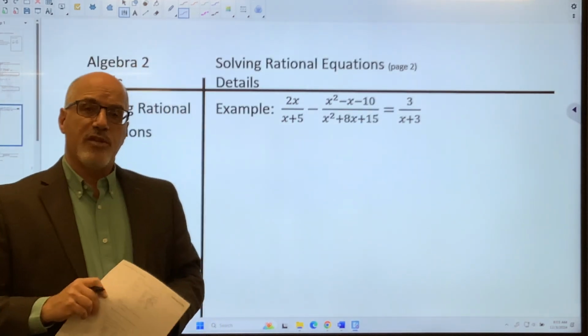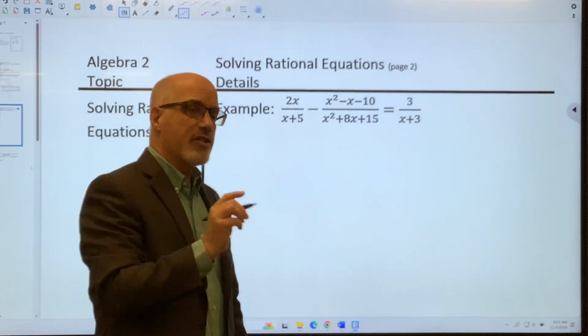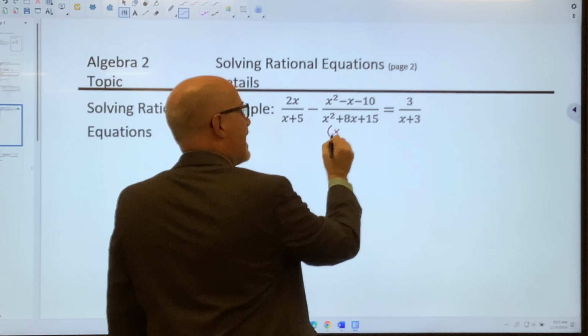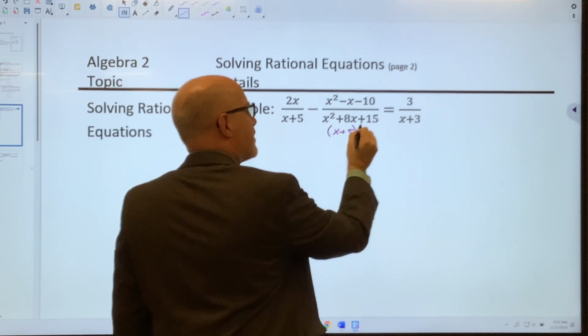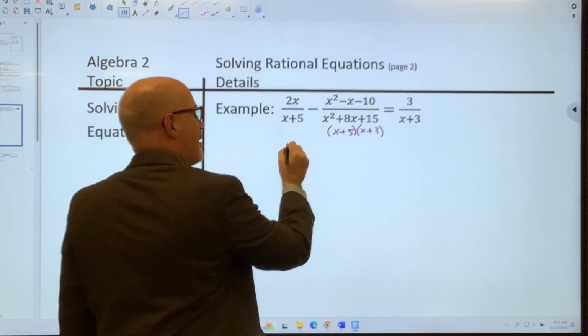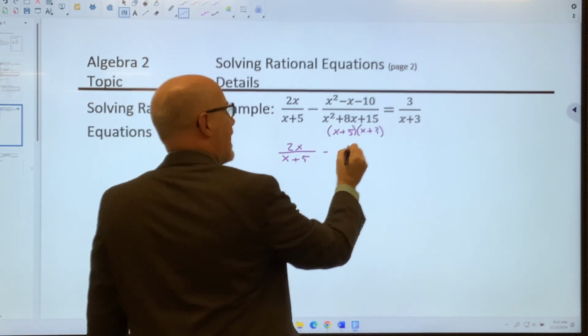So let's go ahead and use this technique to try this problem here. It's a little more complicated. The first thing I would do is go ahead and factor this denominator to get the LCD. And this factors into x plus 5, x plus 3. So notice that's the exact same denominator as these other two combined.